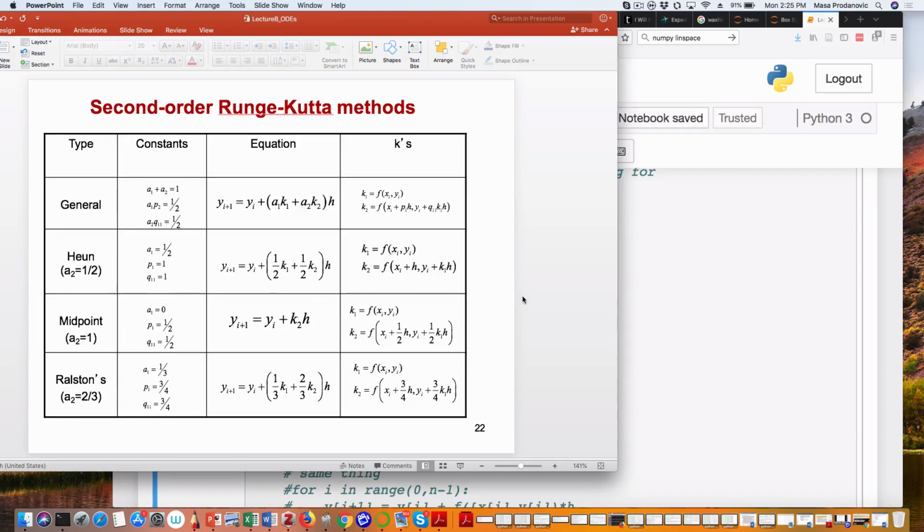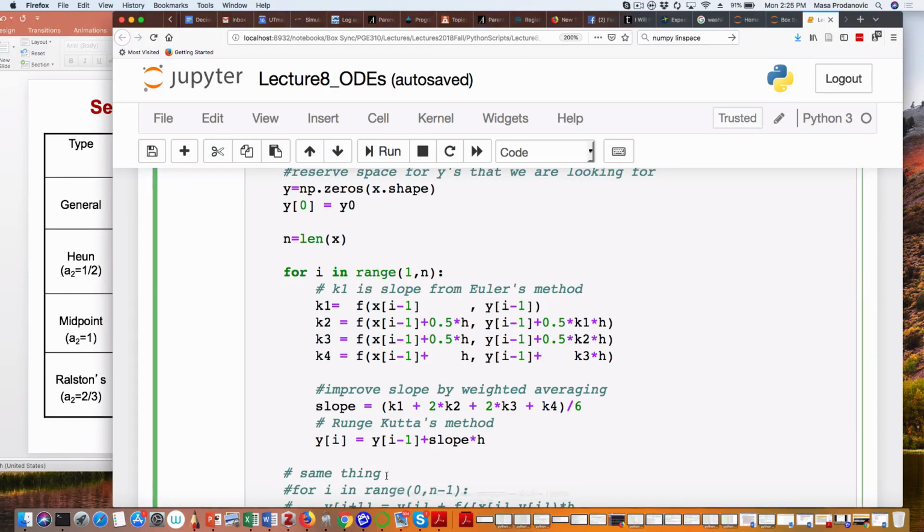And say, here is a problem, please implement a method that has, for instance, 2 slopes that you need to estimate, and this is how you use them up ultimately to improve your problem. So none of them will be actually worse than Runge-Kutta. So if you can figure this one out, how to type in correctly, and know the logic of how to do that, then you should be set to go.